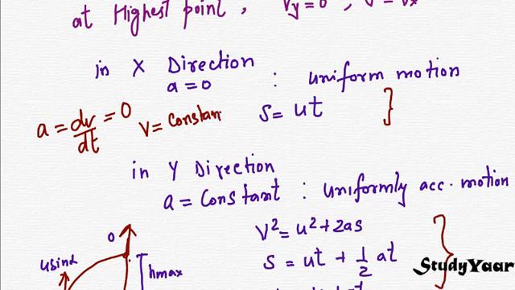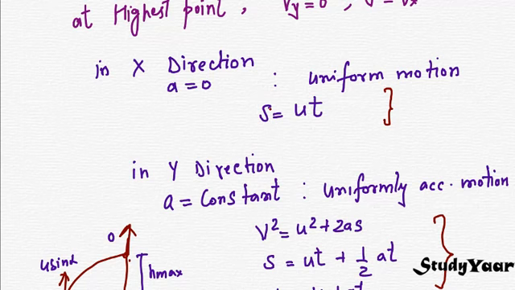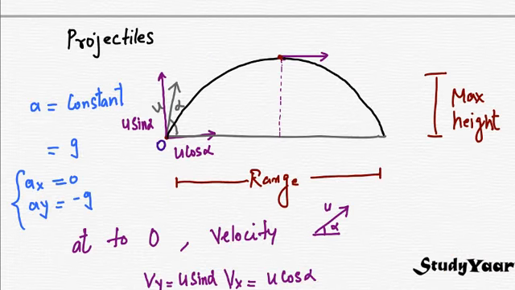So in the x direction, your speed, or your velocity rather, is always u cos alpha. This is one thing that you should know. The other thing that we wanted to understand over here is we can use this equation. This is my maximum displacement, which is the range.